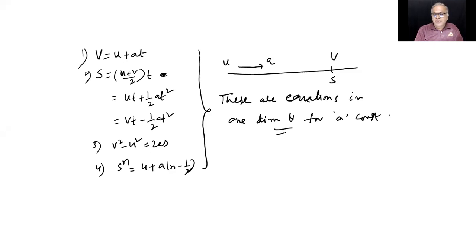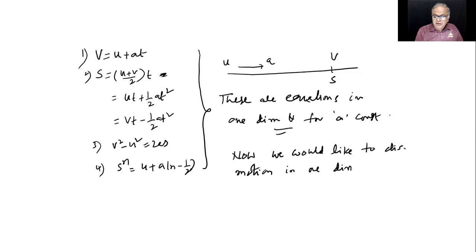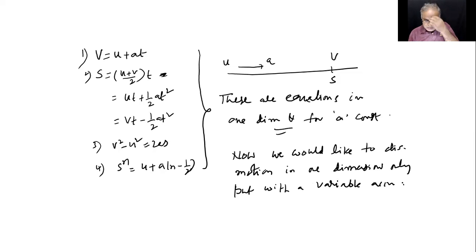Now I can still talk about motion in one dimension, but with a variable acceleration. Now we would like to discuss motion in one dimension only, but with a variable acceleration, for which we require to go for mathematics, basically.